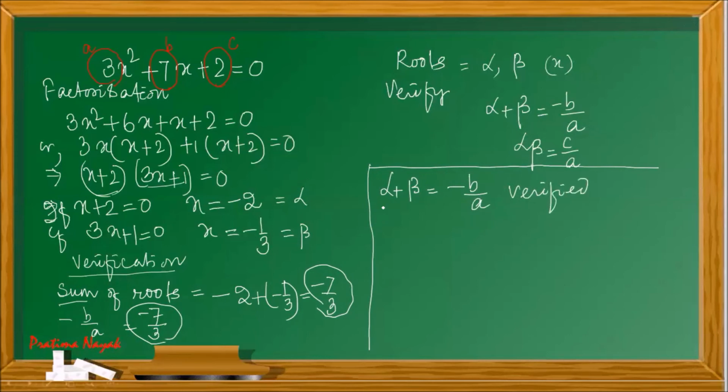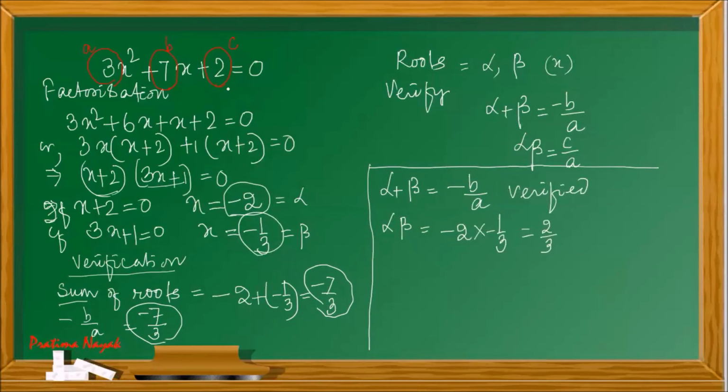Next, I go for the second relation. The second relation is alpha into beta, the product. So multiply. What is alpha? Alpha is minus 2, beta is minus 1 by 3. So I'll multiply. How much will it be? 2 by 3. And it should be equal to what? It should be equal to c by a. What is c?